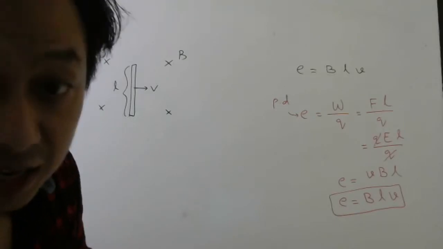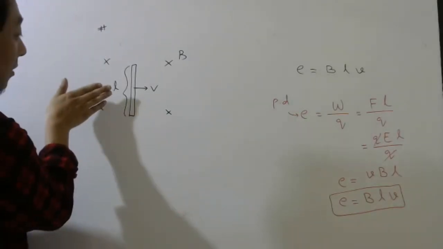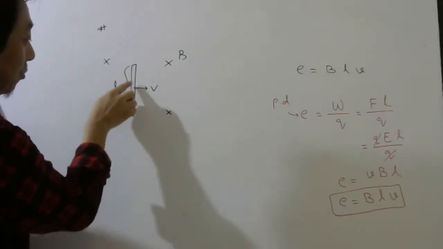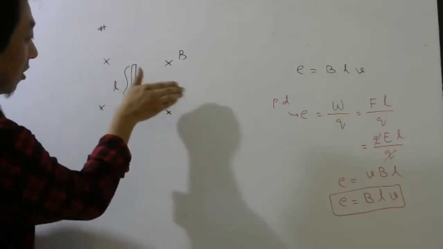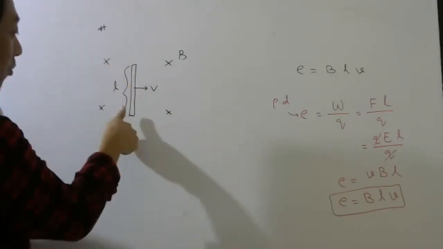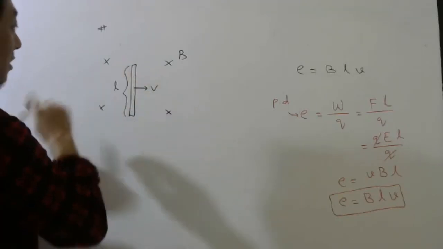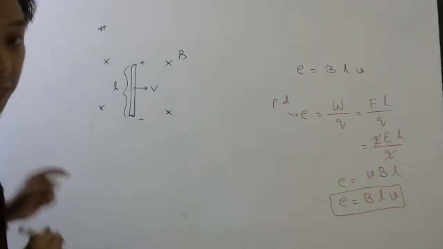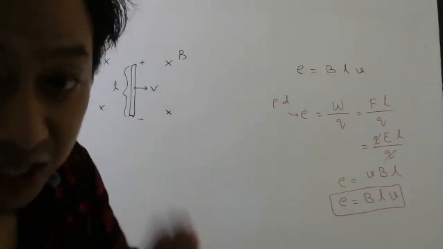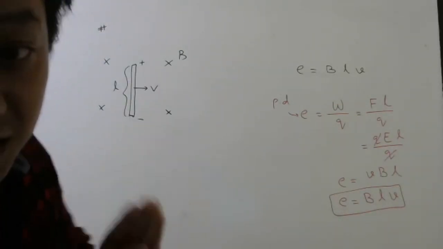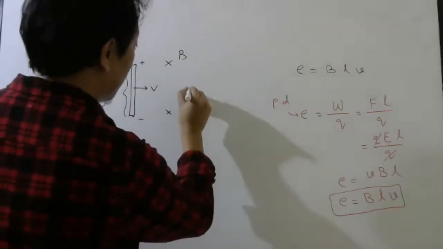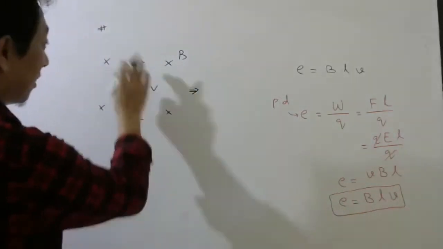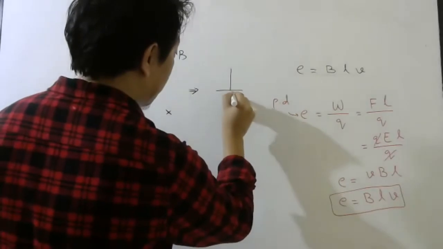How to find the direction? Very simple. Positive charges you assume here. So V cross B this way, so the force on the positive charges will be this way. So this end will be plus, this end will be minus. In other words, for your NEET, CET and JEE exams, you can replace this rod by a battery.